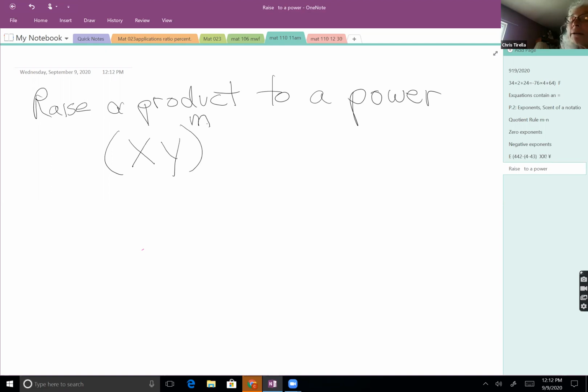When I look at that, because of the parentheses, what's being raised to the power? The x, the y, or both of them? Both of them. And so I take each factor and raise it to that power.